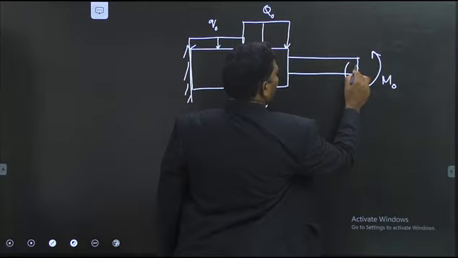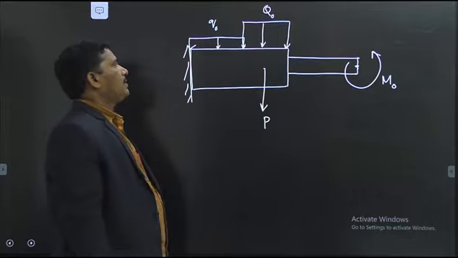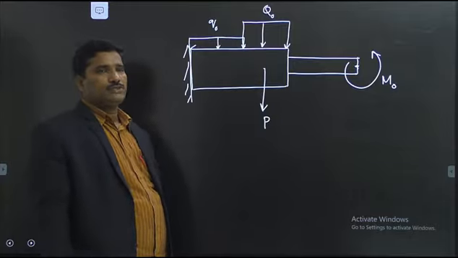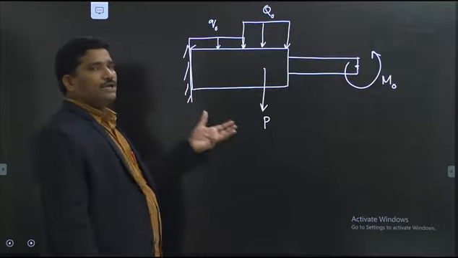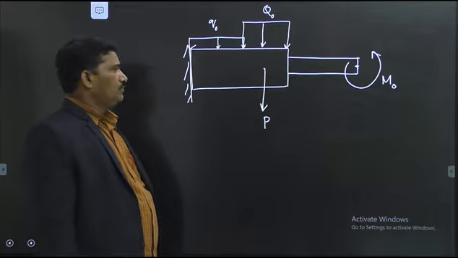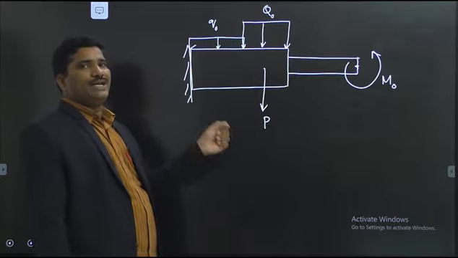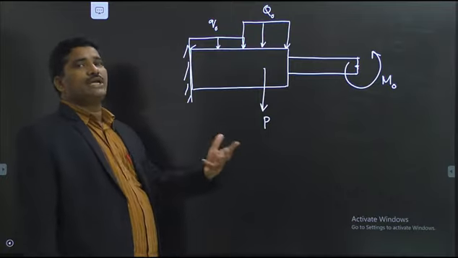The couple is acting about an axis through this point. M0 is the magnitude of the couple. Okay. Now, how can you locate nodes in this problem? When you want to solve this problem by finite element method, locating nodes is very, very important. How do you locate nodes?